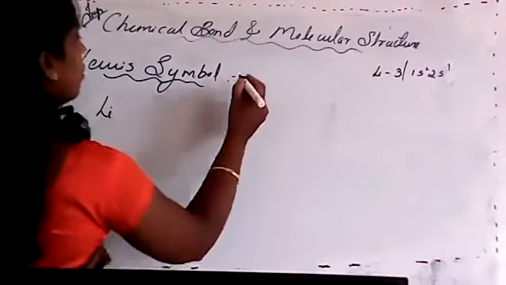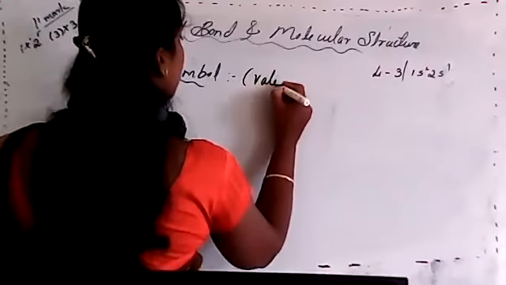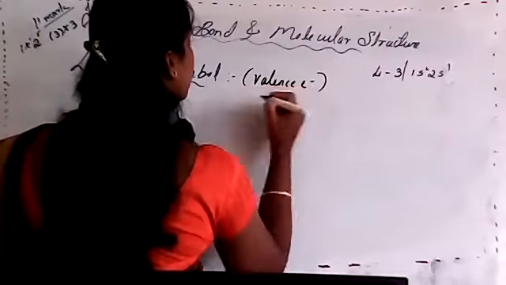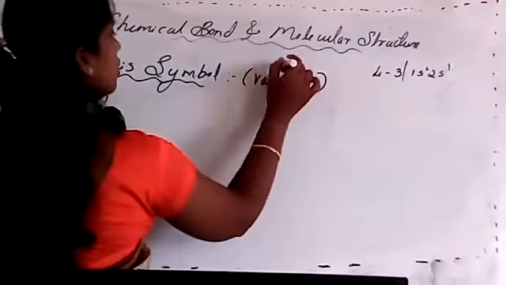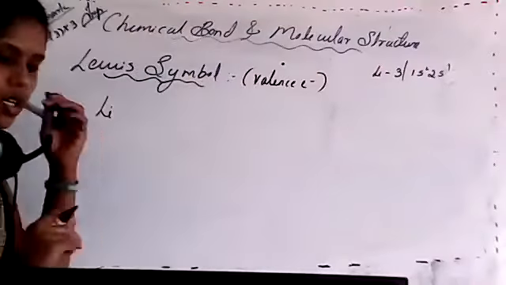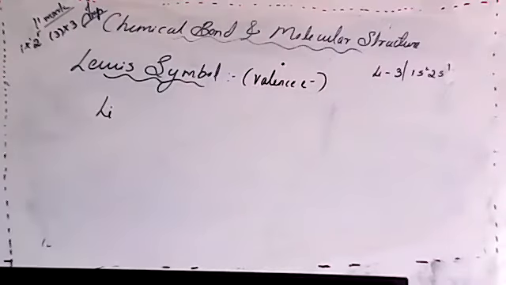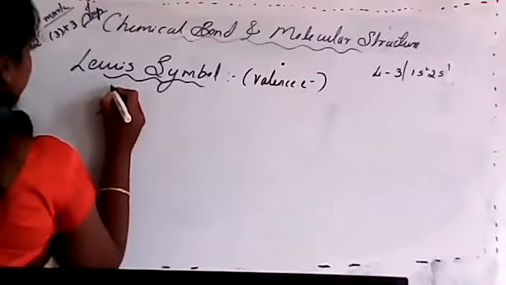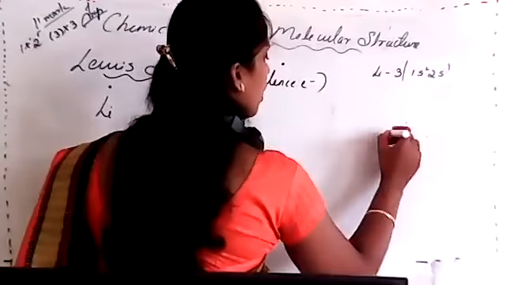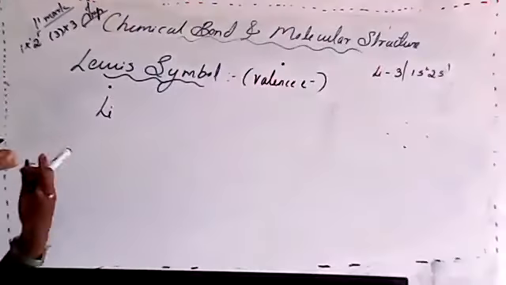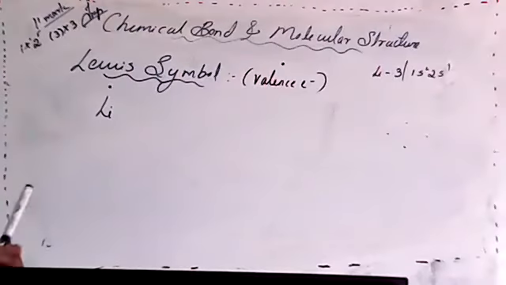It shows the valence electrons, which are symbolized by dots. How many valence electrons are there for lithium? 1, so I consider 1 dot. You have to represent it in this way, in a cubic way. Lithium has only 1 electron.